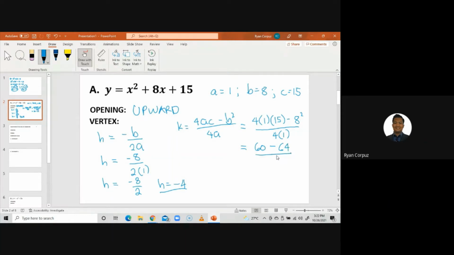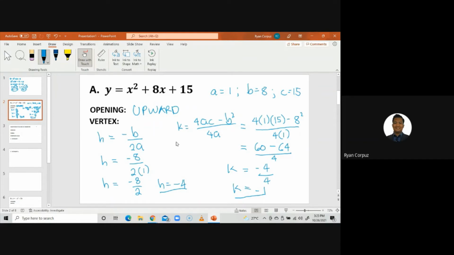All over 4. And it will be equal to 60 minus 64. When you subtract it, that would be negative 4 divided by 4. So therefore, what would be the value of K? Negative 4 divided by 4. Negative 1. That's negative 1. So the value of K is negative 1.